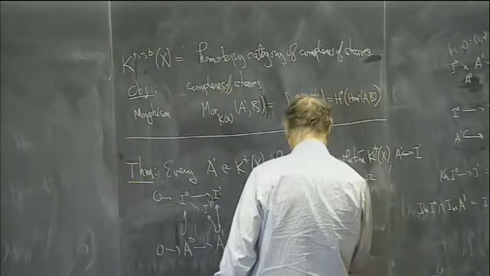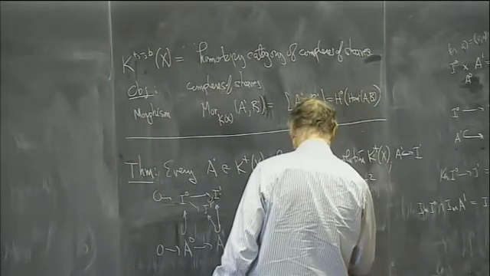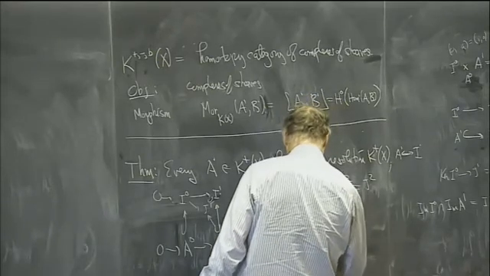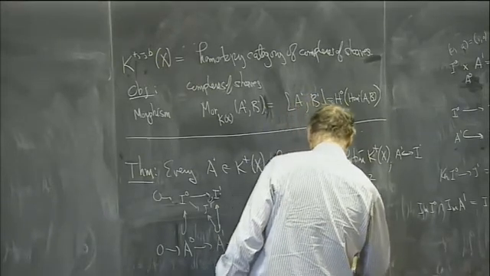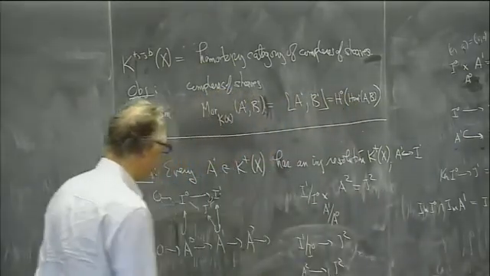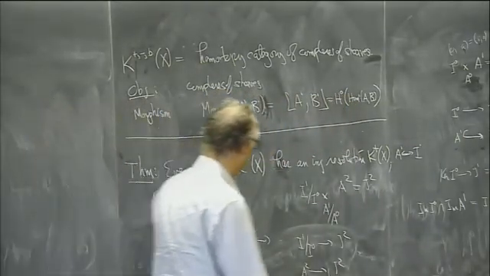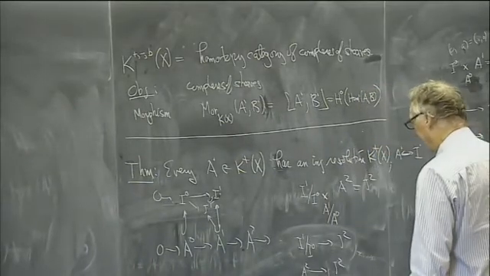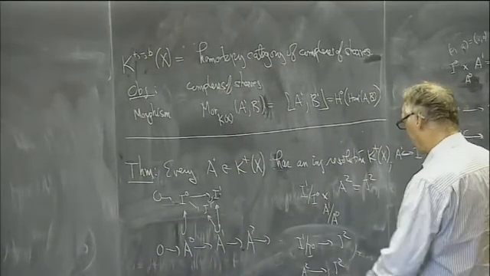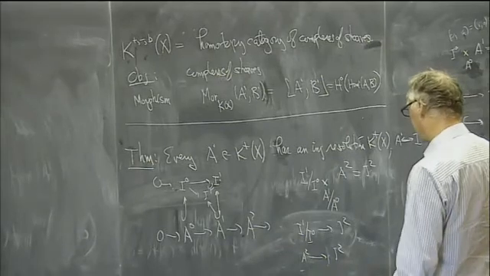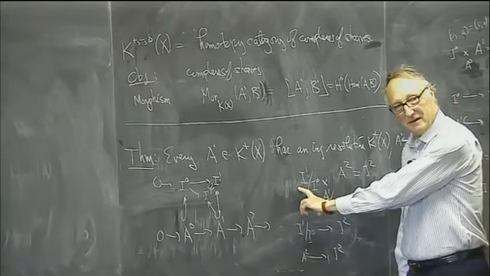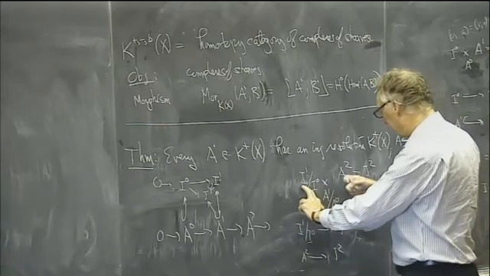And I need to study the map I1 mod I0 to J2 and A2 to J2. Okay, well, I claim A2 to J2 is an injection. For that, I need to know this injects here. If this injects here, then this injects here.